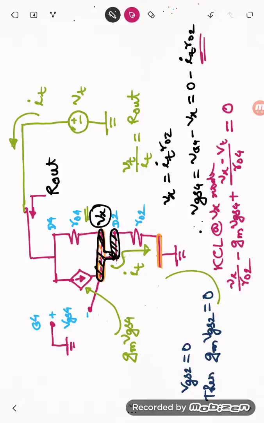So if I go to the next slide, we had this Vx over R02. Vx is simply IT R2. Then minus gm VGS4.